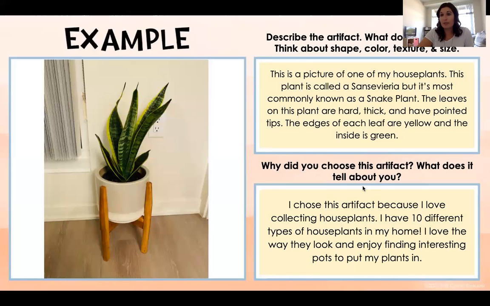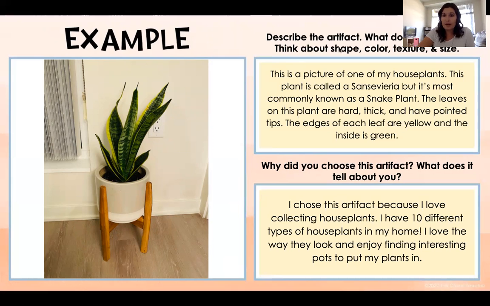I have an example here. So I'm going to read and show you this example. And as I am reading, I want you to be reflecting on how detailed my response is. So for my houseplant artifact, I have a picture on the left here of one of my favorite houseplants.